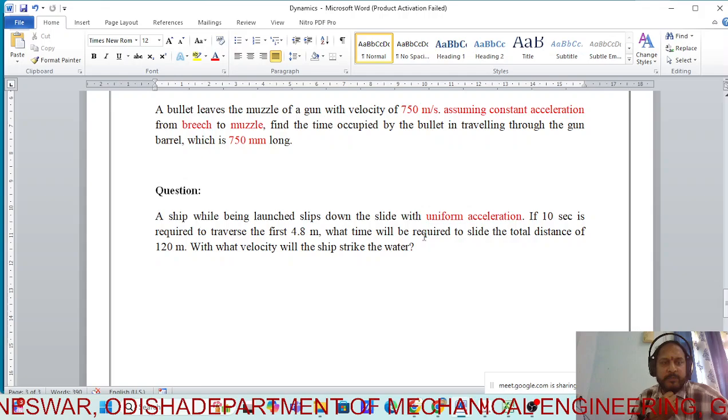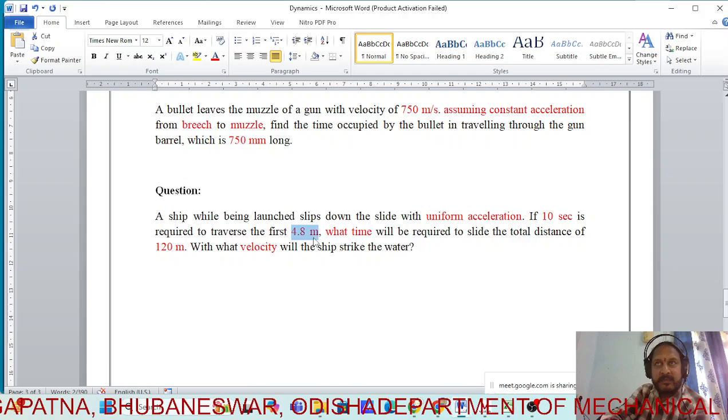When T1 is 10 seconds, what is S1? When T1 is 10 seconds, how much distance has the ship traveled? 4.8 meter.